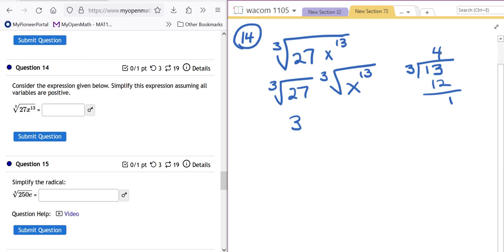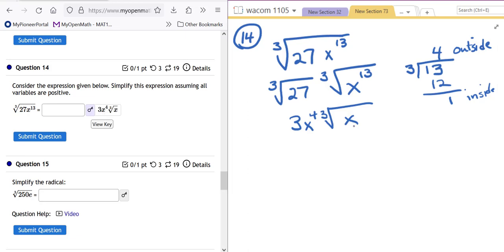You can have 4 groups of 3, so 4 cubes. That's how many will go outside. Right, now this is x to the 4th. Whatever your remainder is how many will go inside. So they did not make a group. So we are going to take x to the 4th outside. Make sure that you keep your index on here, otherwise you think it's a square root. And we have 1 x left over on the inside.